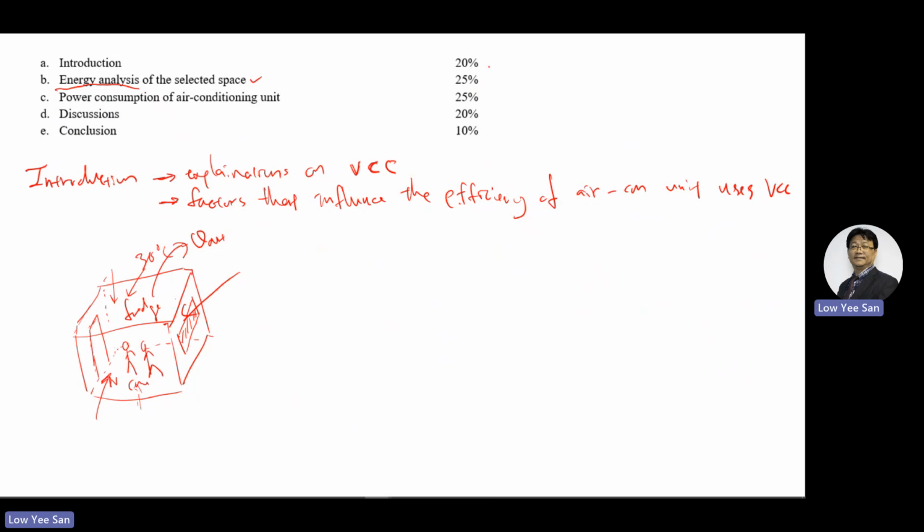The work that you have done, whatever you have done, what is the limitation of your work, and how valid your work is. Normally you just discuss from those two perspectives.